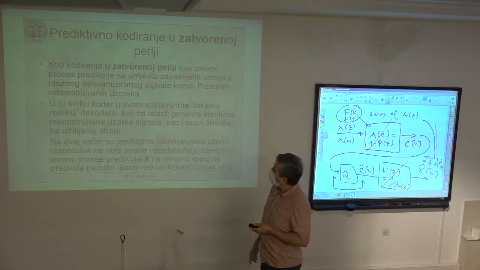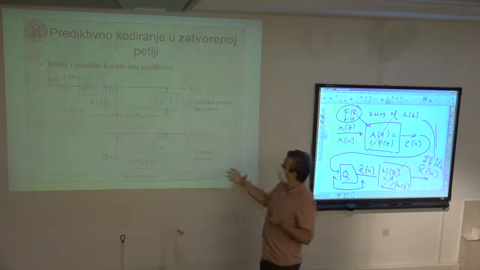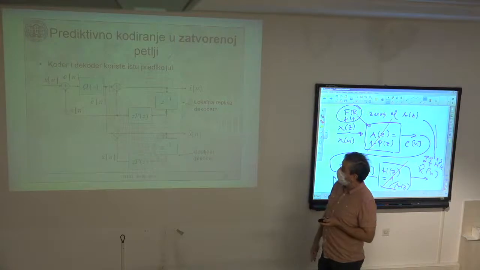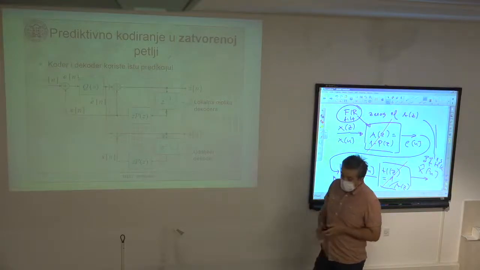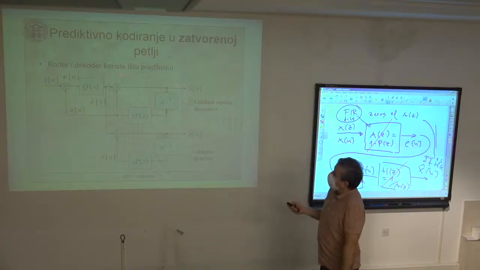Or the other way is to have a closed loop approach. And the closed loop approach is shown with this block diagram. What I do, I simply make another replica of the reconstruction side. So this is a local reconstruction unit that is a part of the transmitting side.